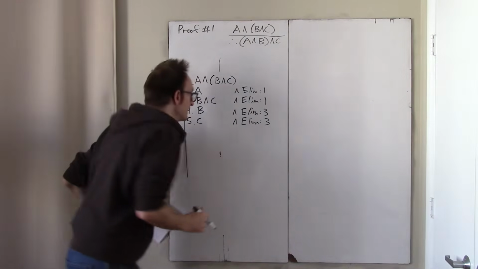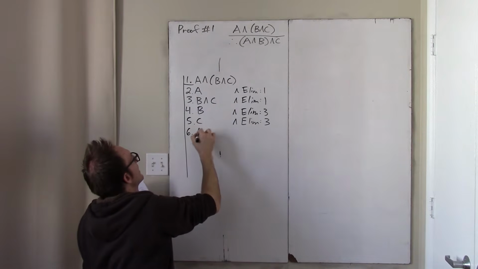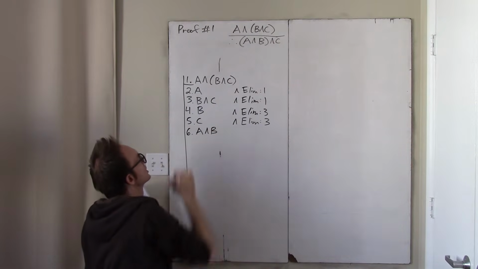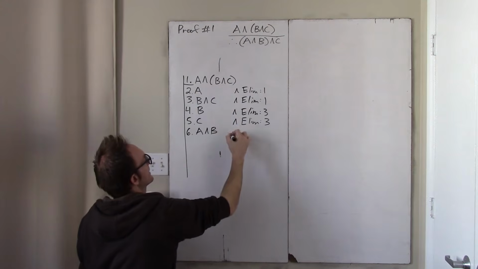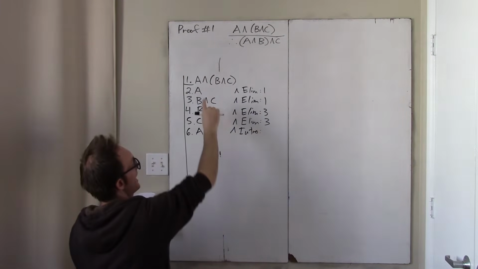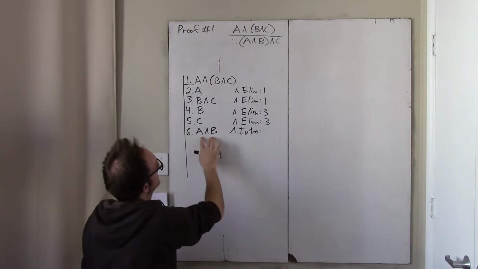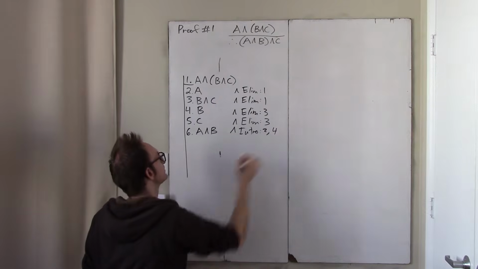Okay, here we are. Now, I want to show A and B and C, so I conjoin A and B together, and that is a rule called and intro, which says that if you know 2 propositions, then you can assert their conjunction. And so this is 2 and 4.